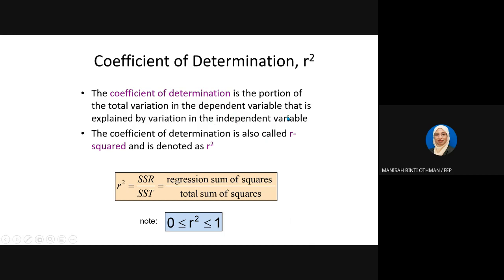This is how you get R squared. R can be negative or positive, but since you already squared the R value, R squared is from 0 to positive 1, positive values only.